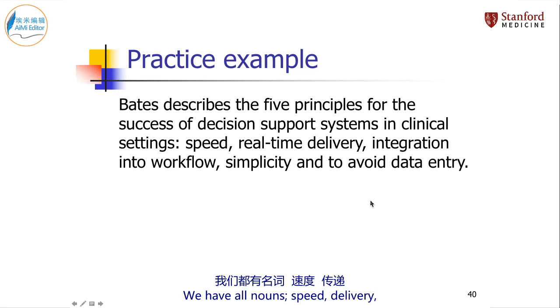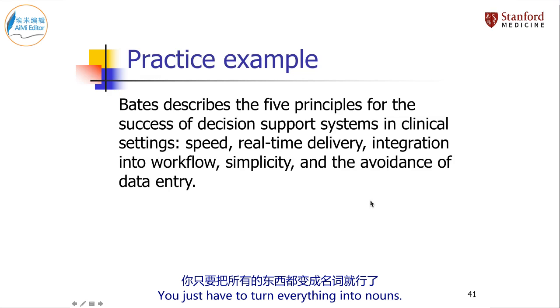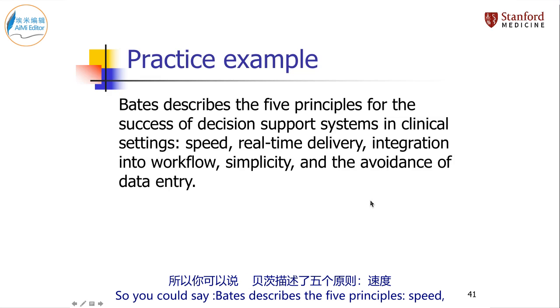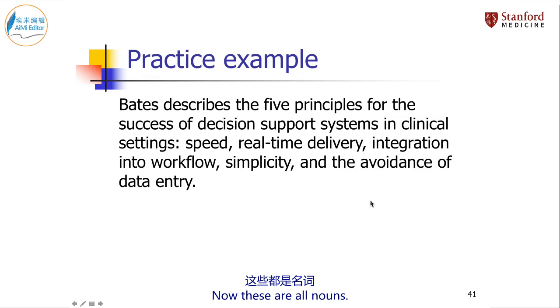We have all nouns, speed, delivery, simplicity, until the last item where we get an infinitive phrase, to avoid. This one's actually fairly simple to fix. You just have to turn everything into nouns. So you could say, Bates describes the 5 principles: speed, real-time delivery, integration into workflow, simplicity, and the avoidance of data entry. Now these are all nouns.